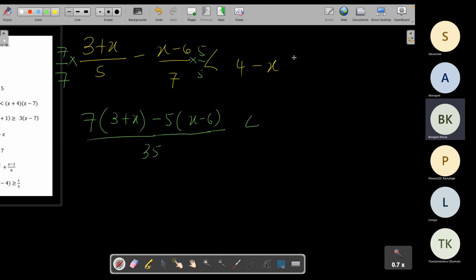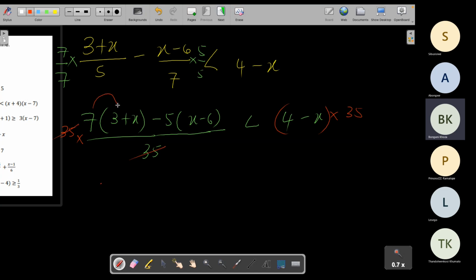And then you had this sign, 4 minus x. So from here, to get rid of this 35, you multiply by 35 on both sides. This 35 will cancel out that 35.